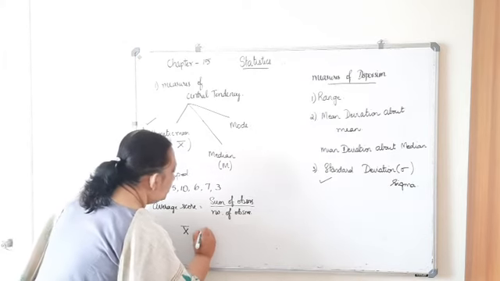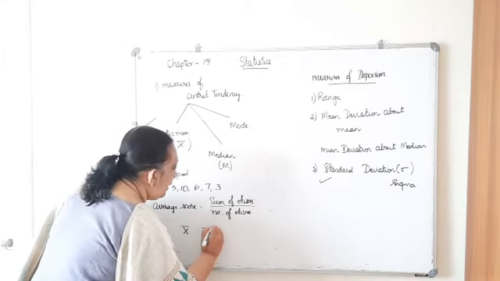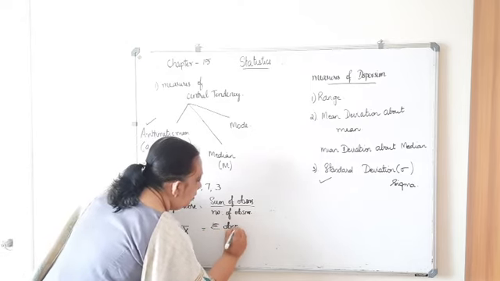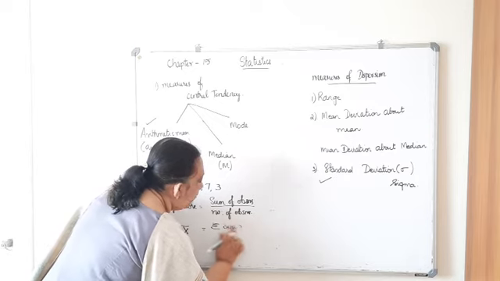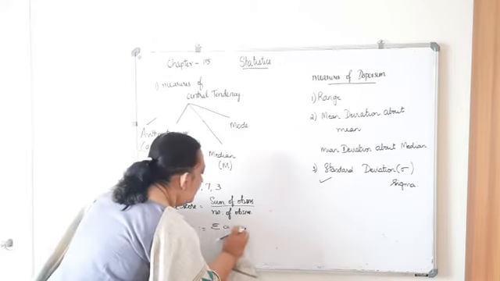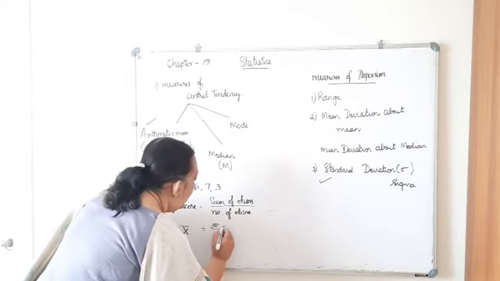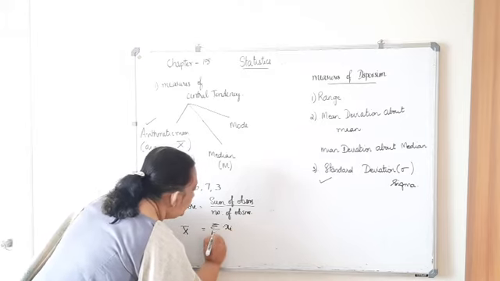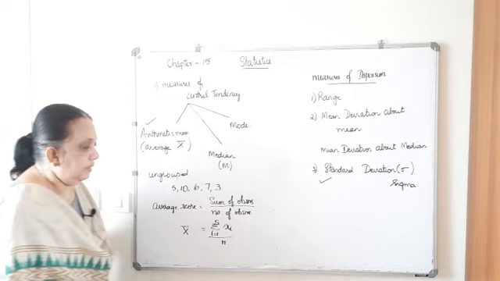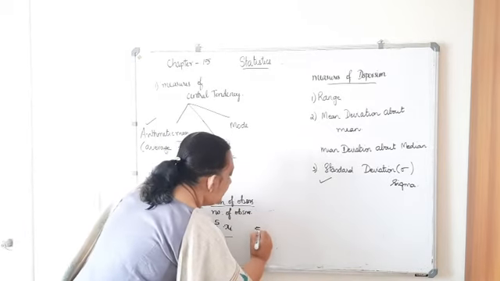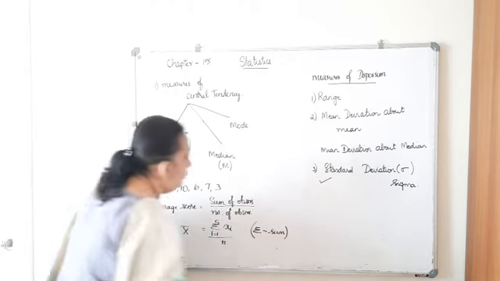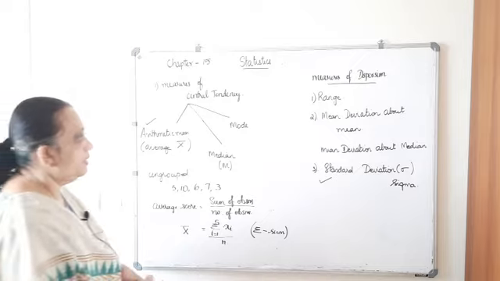X bar is equal to the sum of observations, which can be written as sigma xi, i is equal to 1 to 5, divided by n. This is capital sigma, it is the sum.